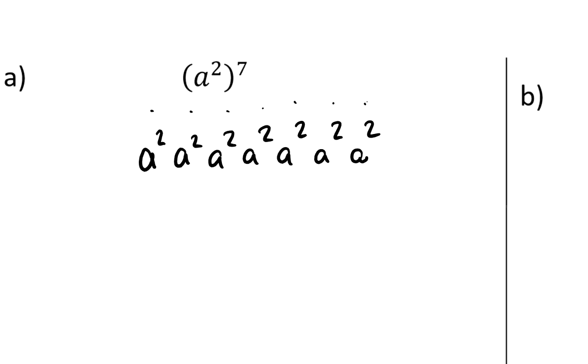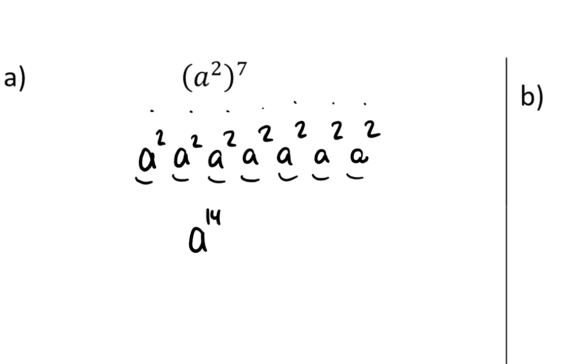Every single one of these contains 2 factors of a, right? Each one of these, because it's a squared, it's an a, etc. Well, if I expand that out, there are a total of 14 factors of a here, right? That's why we write this as a to the 14th power.